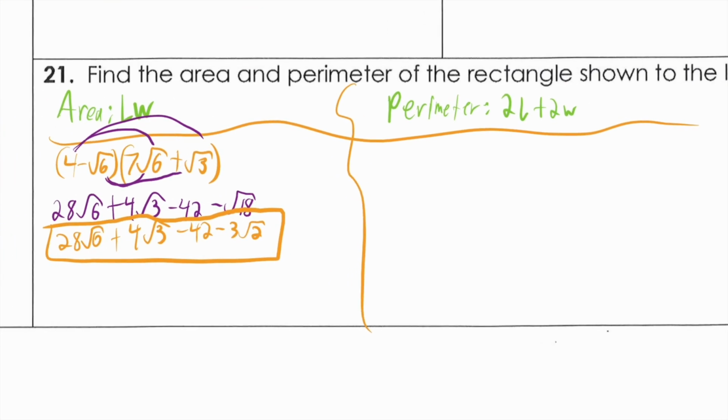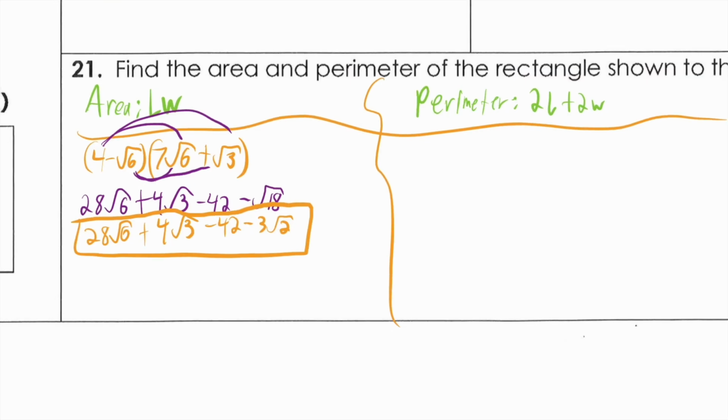Now onto the perimeter. So this would be 2 times 4 minus square root 6 plus 2 times 7 square root 6 plus 2 square root 3. You could also, once again, just take 4 minus square root 6 plus 4 minus square root 6 plus 7 square root 6 plus 2 square root 3 plus 7 square root 6 plus 2 square root 3.